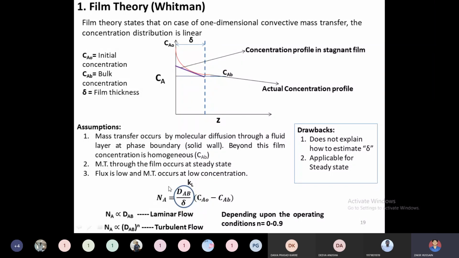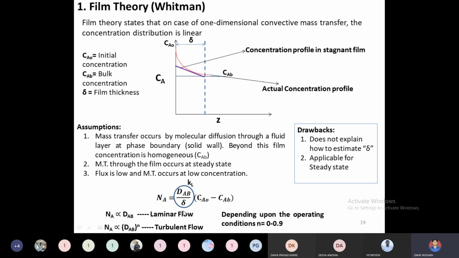So the limits will be 0 to delta and Ca naught to Cab. Here the film thickness is 0, and here the film thickness will be delta. When going from 0 to delta, the concentration is changing from Ca naught to Cab.